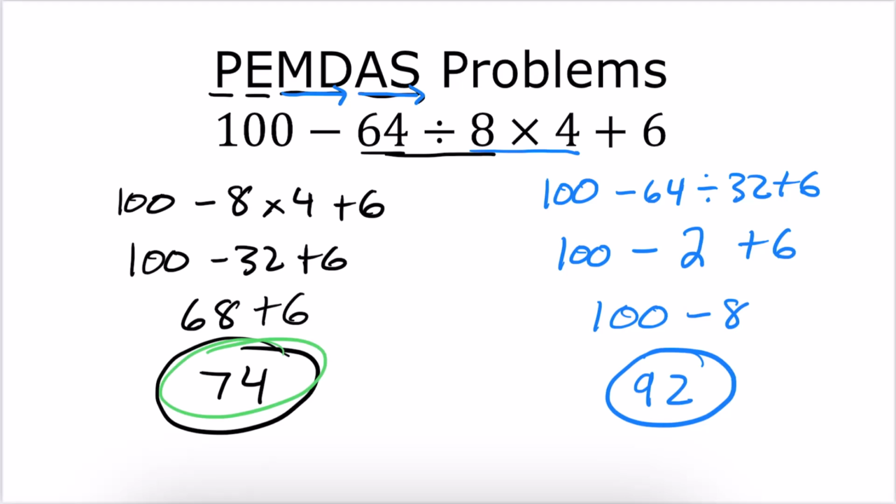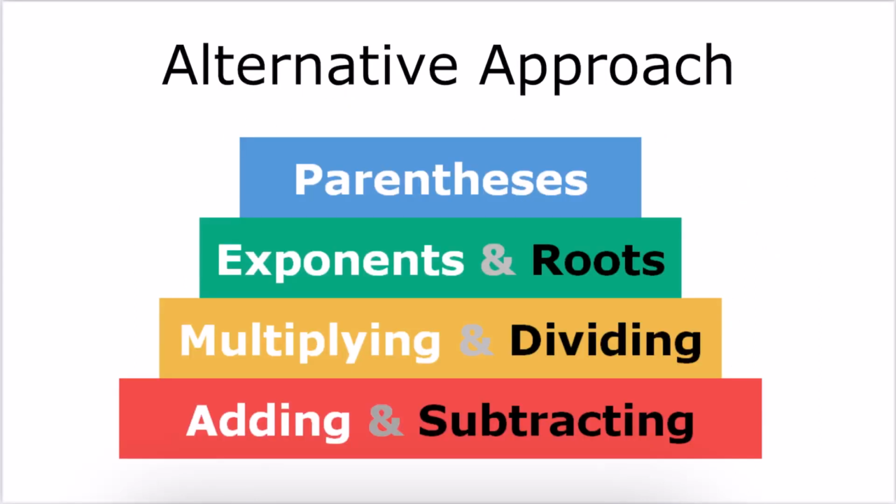So when I'm teaching my students the order of operations, I actually prefer not to use PEMDAS or any mnemonic for it. And instead, I talk about how the order of operations is based on the way that math is built. So if you think about when you first start learning math, the first thing you learn is addition. And then you learn that addition can be undone with subtraction, because subtraction is the inverse operation for addition.